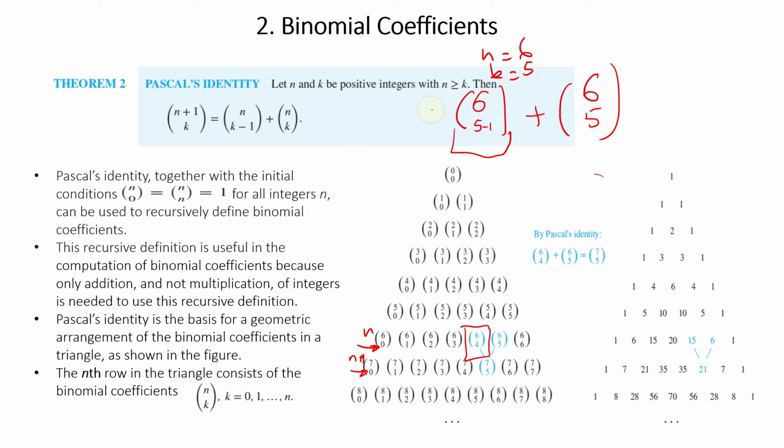So this is going to be equal to this number over here, which is n plus 1, which is 6 plus 1, and here this is the same k.